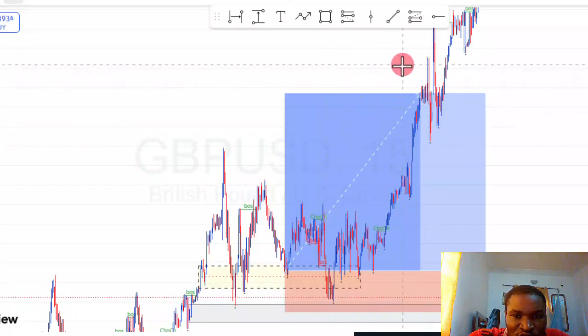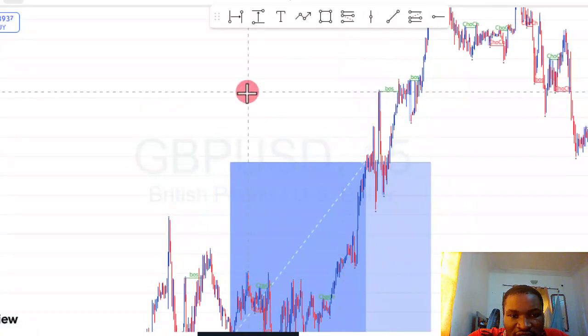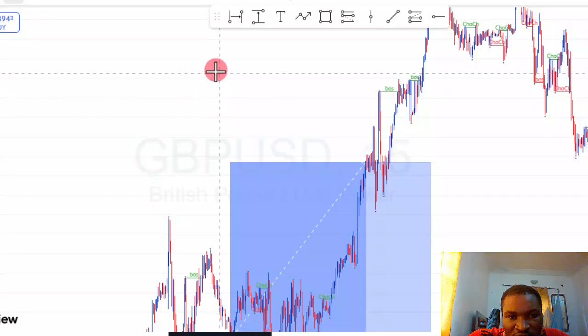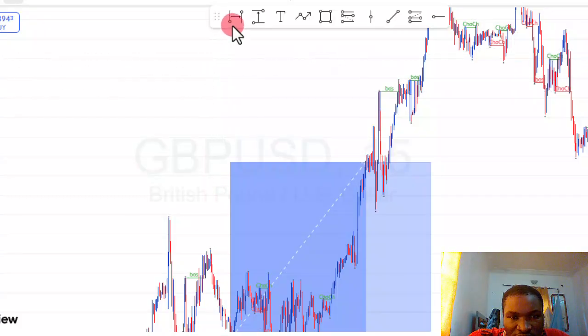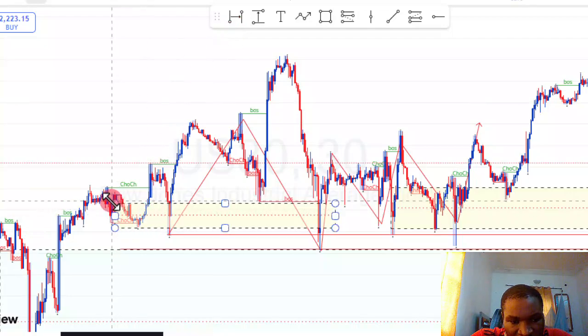Another example I'll be showing you is on US 30. Let me go to US 30 and show you another example. Okay, look at the trade on US 30.